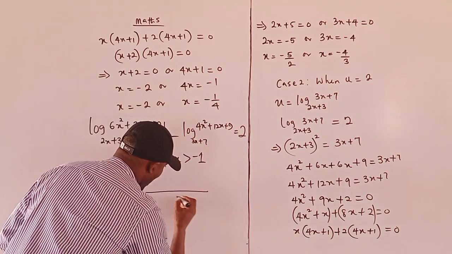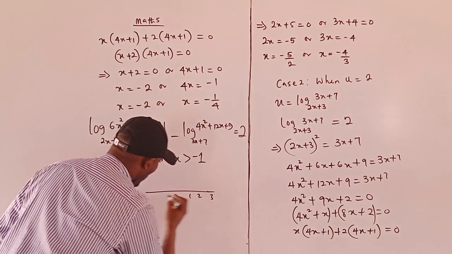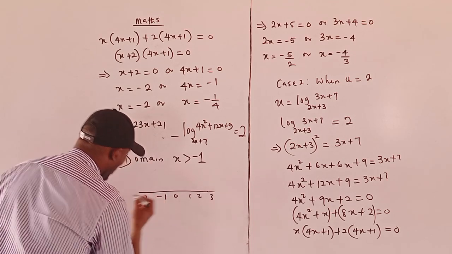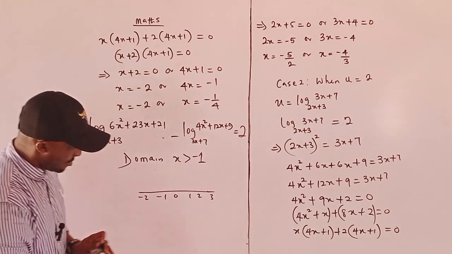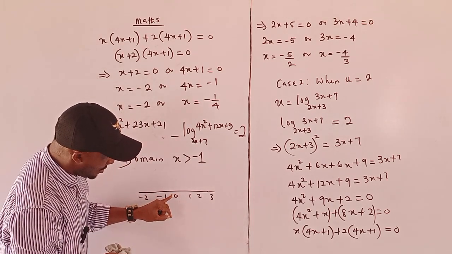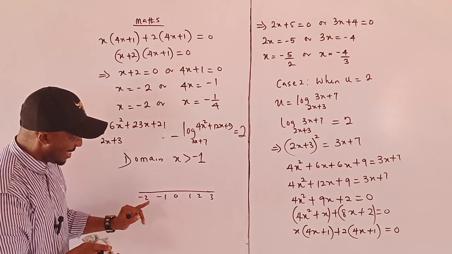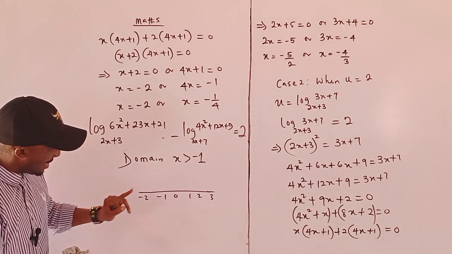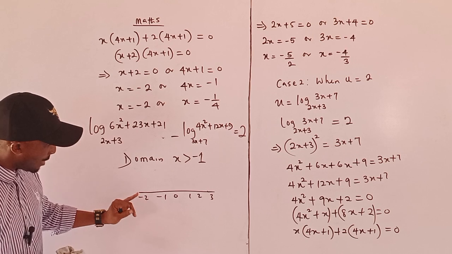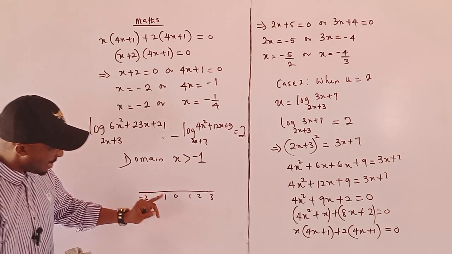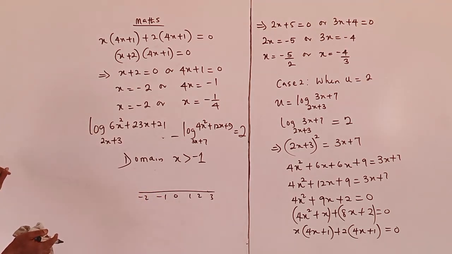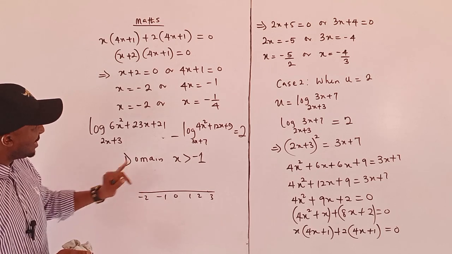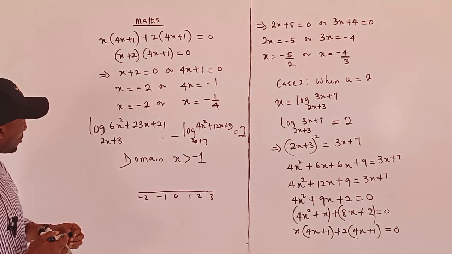On the number line you have 0, 1, 2, 3, and negative 1 and negative 2. So x must be greater than -1. So x cannot be -2, cannot be -1.3, and so on. With this, we shall analyze the solutions.